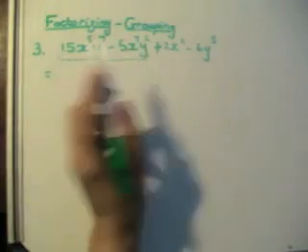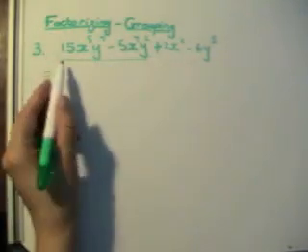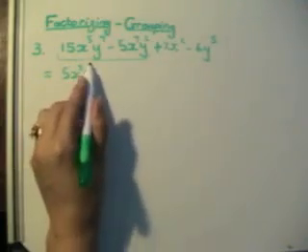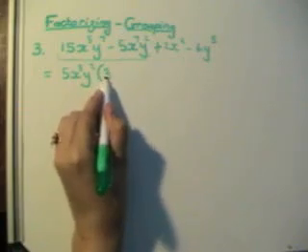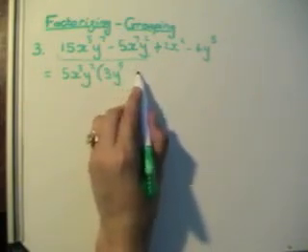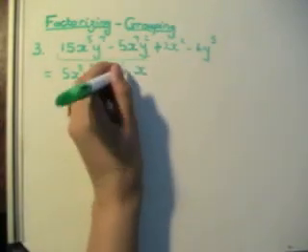So here in the first group, I'm taking out 5x to the power of 5y squared, and I'm left with 3y to the power of 5 minus x to the power of 2.